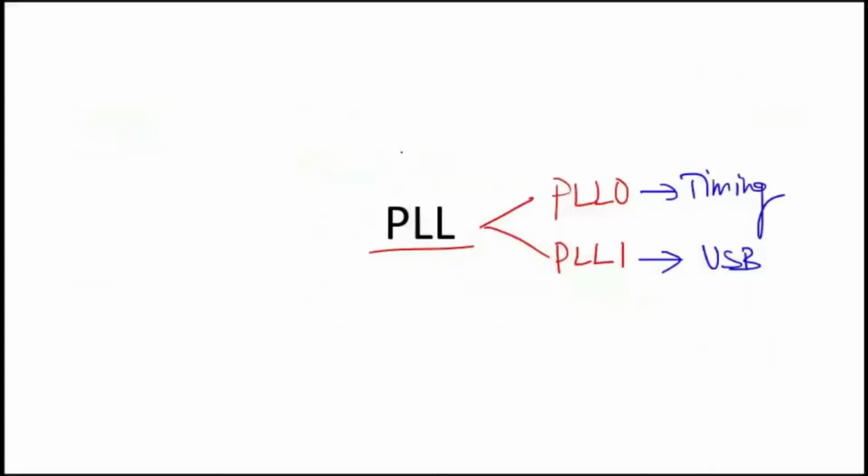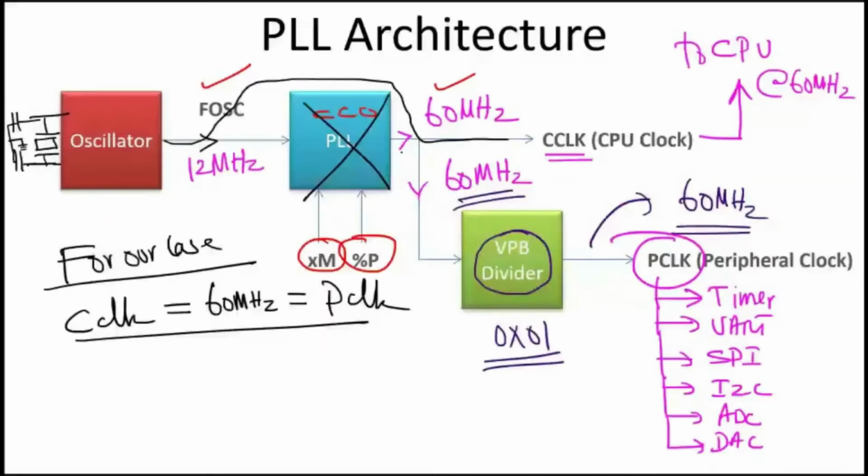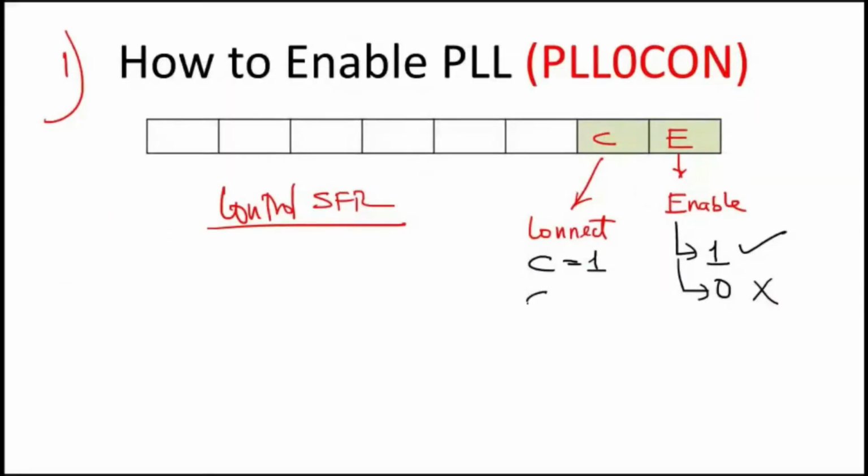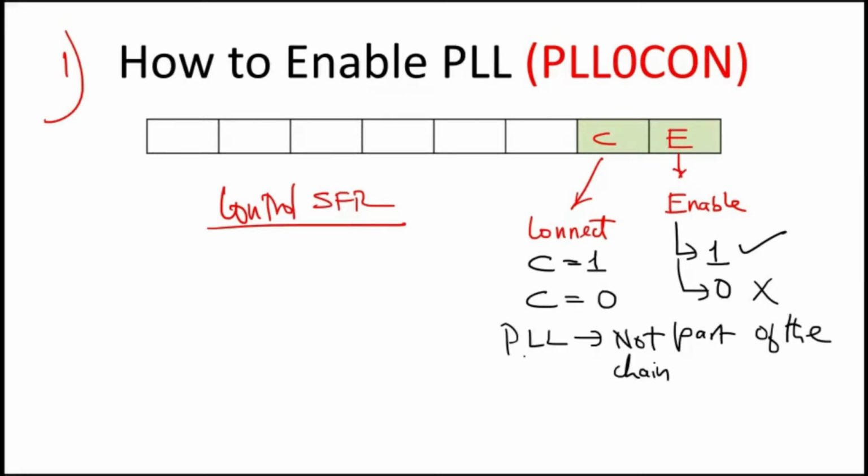If you put connect equal to 0, the PLL is no longer part of the chain. Not part of the chain means the PLL is disconnected.